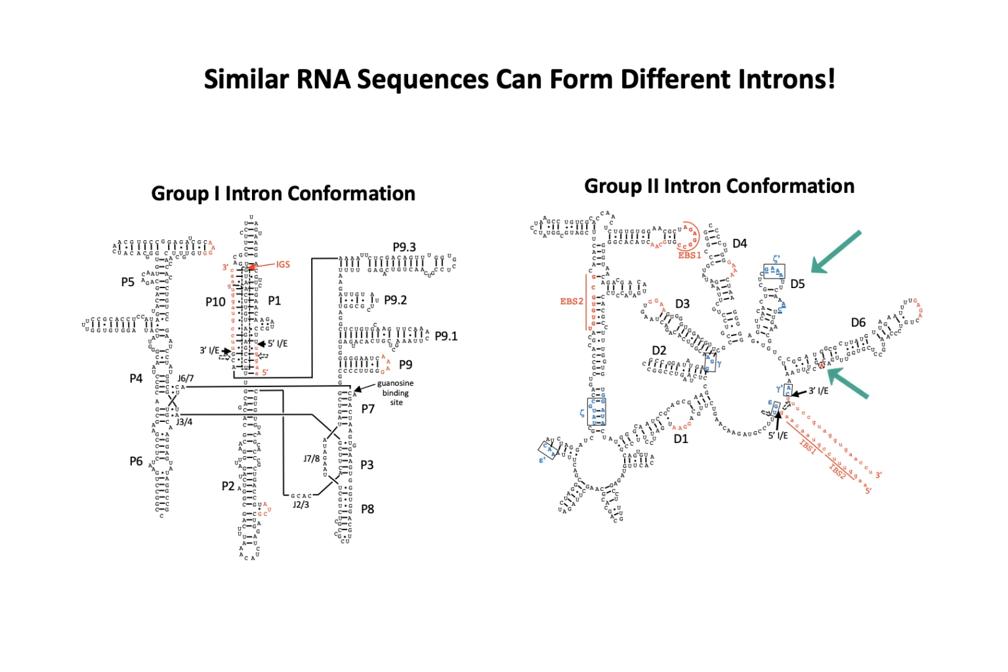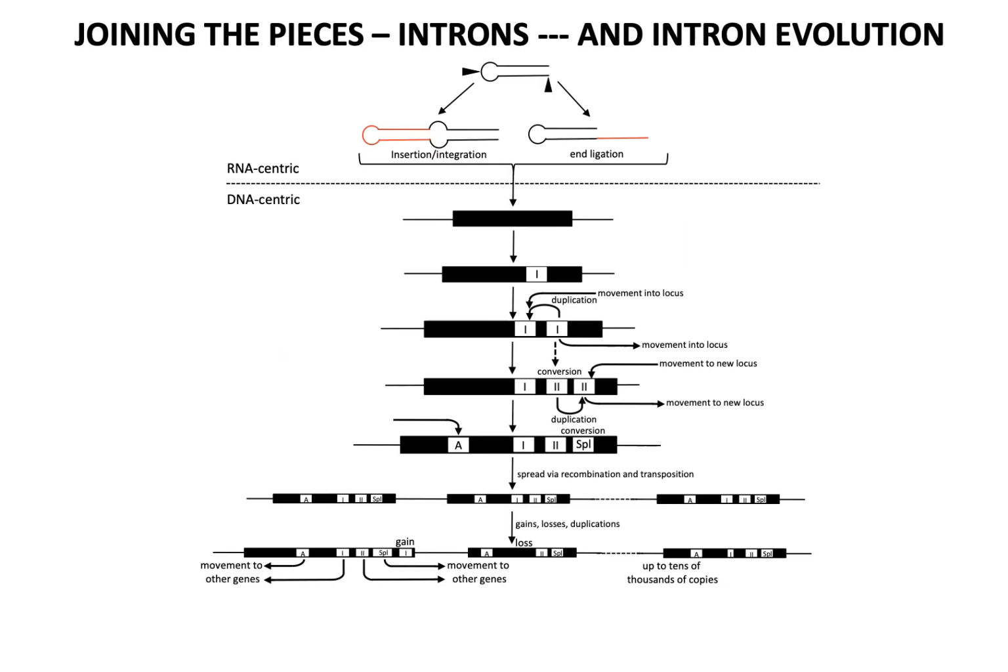In each case, all you have to do is move the intron-exon border over by one or a few nucleotides, and you can have it be spliced as a group 1 or alternatively as a group 2 intron. This had me wondering about the evolution of these introns and whether they were related or not.